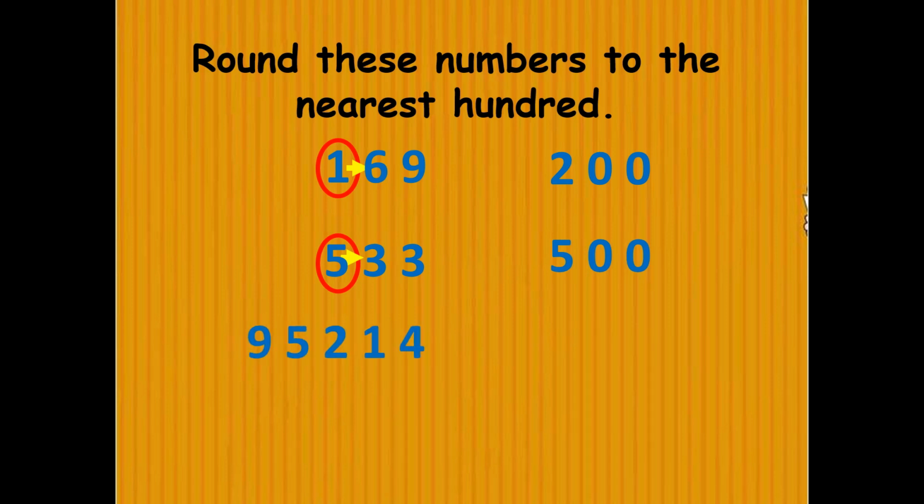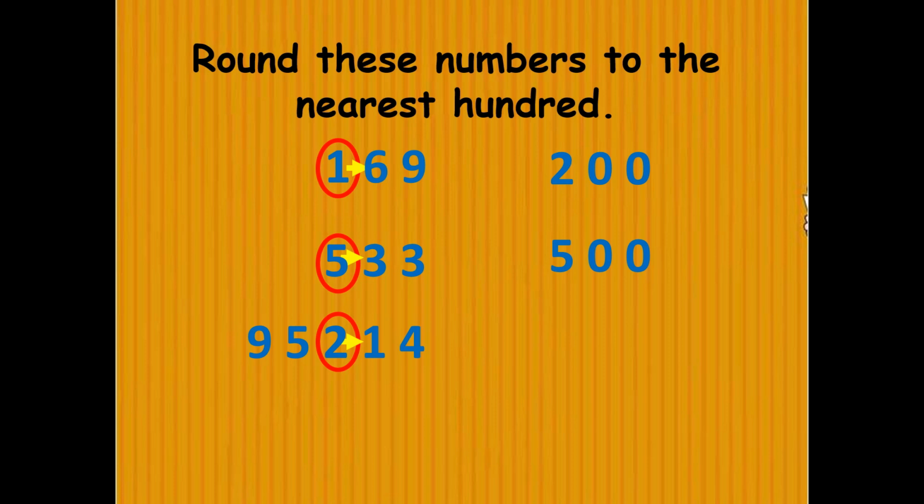Next number, 95,214. What digit is in the hundreds place? Digit 2. Circle digit 2 and look at the next digit. Digit 1.